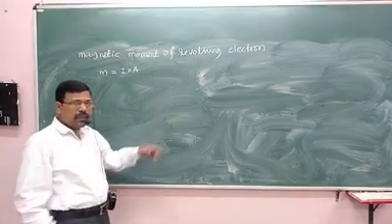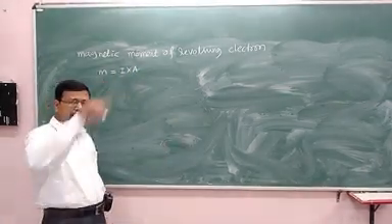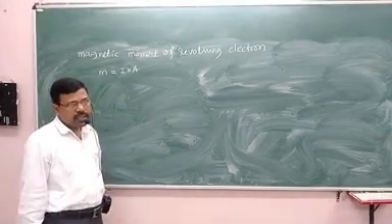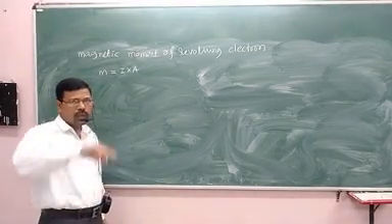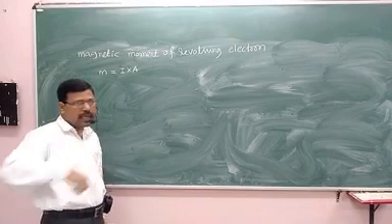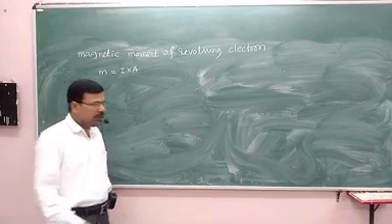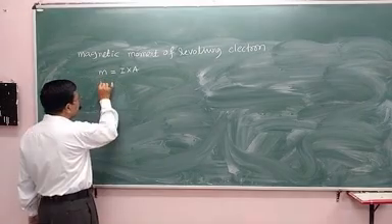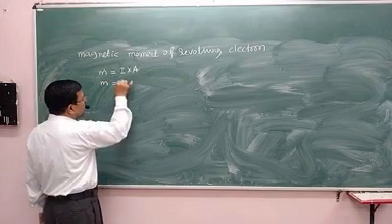Fine. If there are several turns in a rectangular coil or a circular current carrying coil, then the magnetic moment would be NIA.